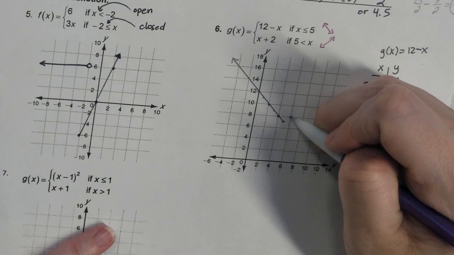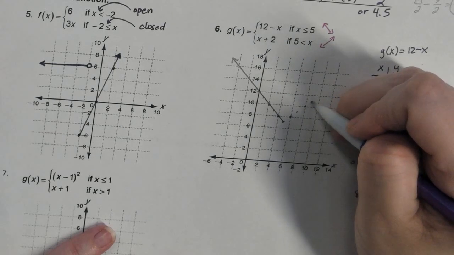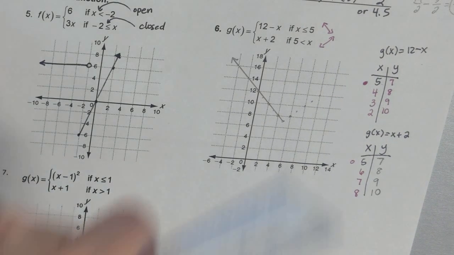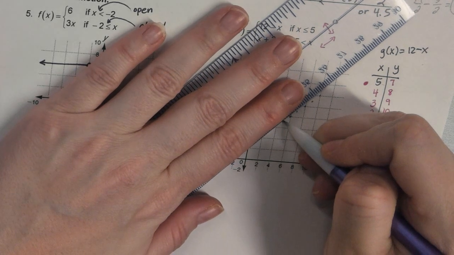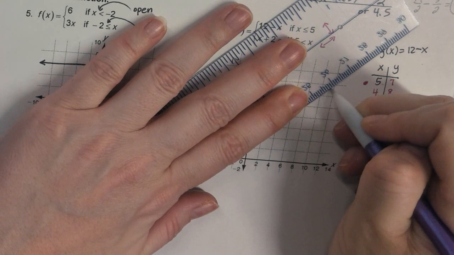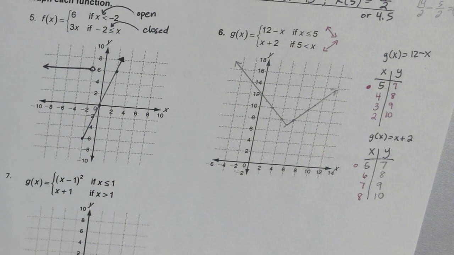So 6, 8, 7, 9. And again, the slope is 1, so it's going to continue like that. And then you can use your straight edge. All right, and there is your graph.